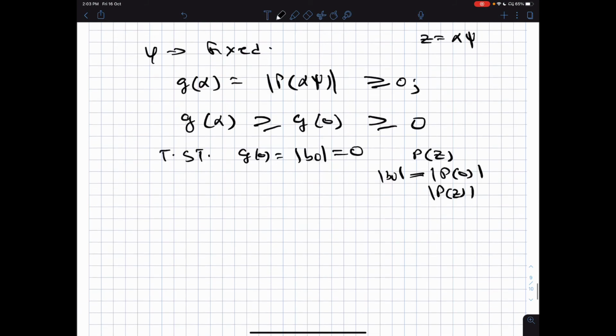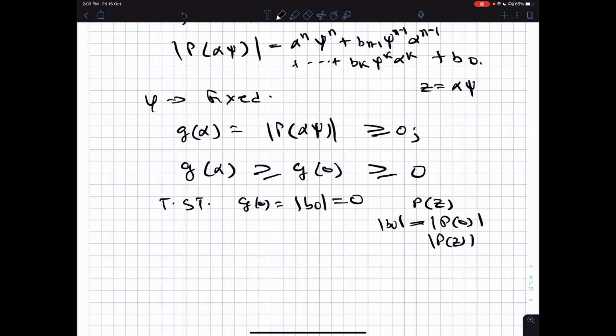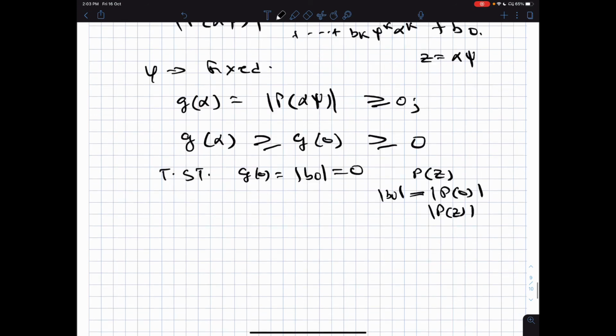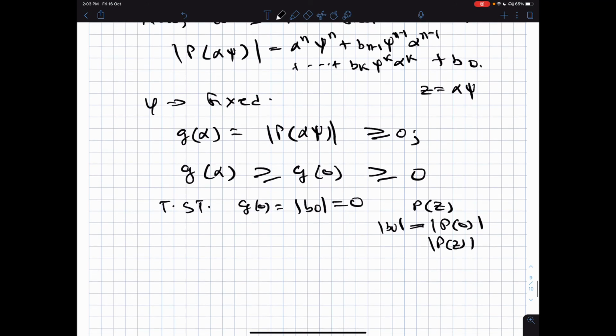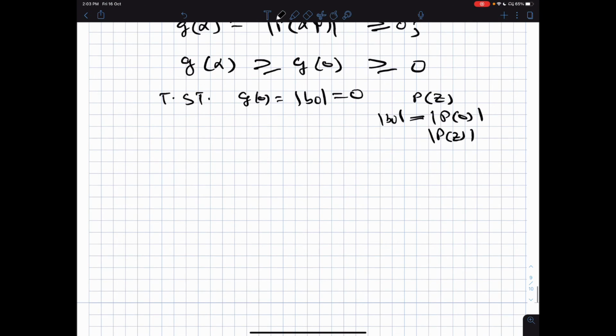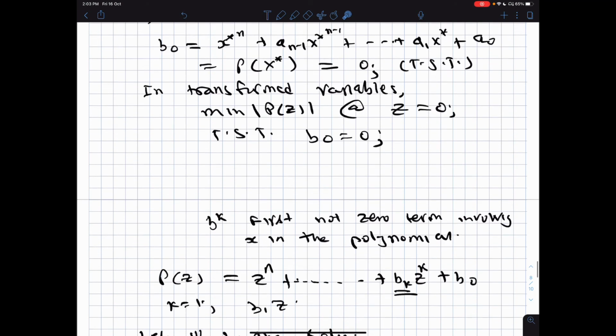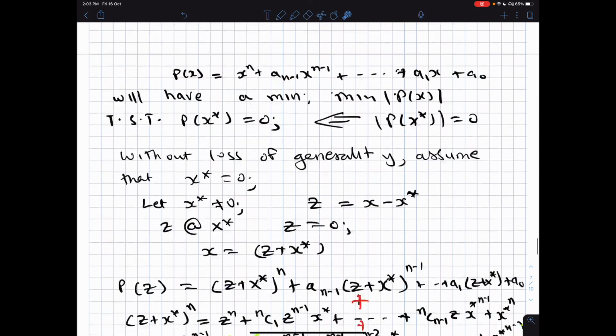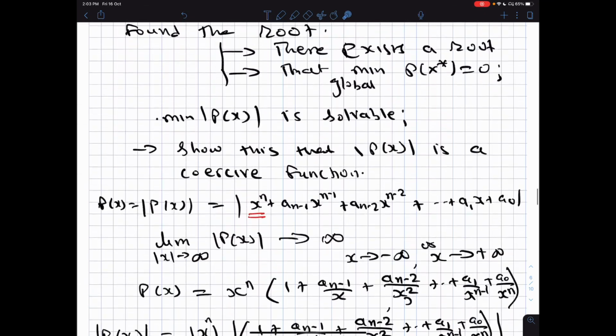Now, what we are going to do is, we are going to write this term g of alpha as, let me show you what I want to write. I think I have it here already.